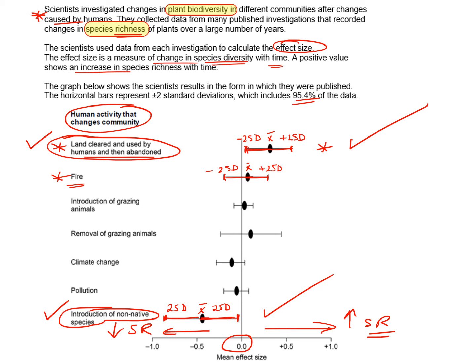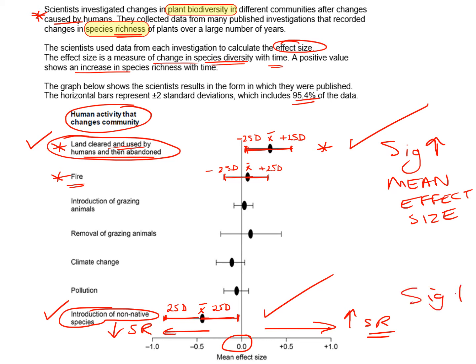So therefore we could say there's a significant increase in mean effect size for land cleared and used by humans, and we could say there's a significant decrease in mean effect size for introduction of non-native species.